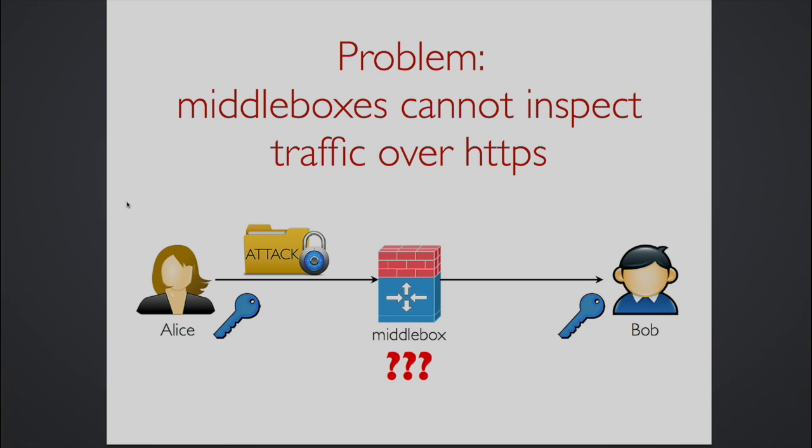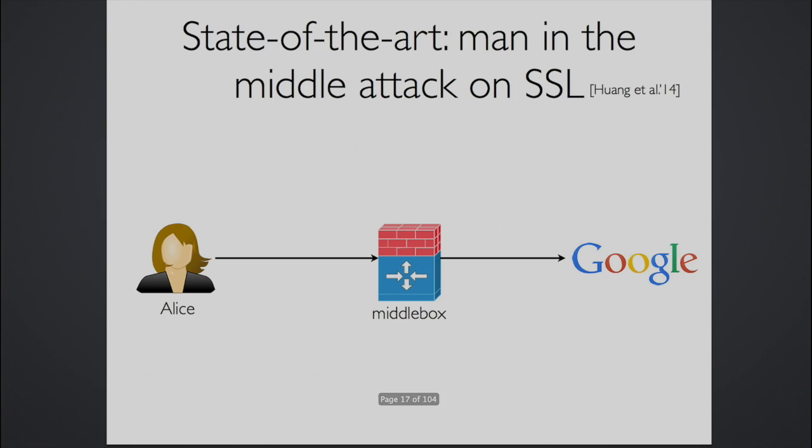So what do people do today? Middle boxes are still widely used. Traffic is still widely encrypted with HTTPS. So what do people do today? Actually, the solution is a very embarrassing and insecure solution. People basically mount a man-in-the-middle attack on SSL.